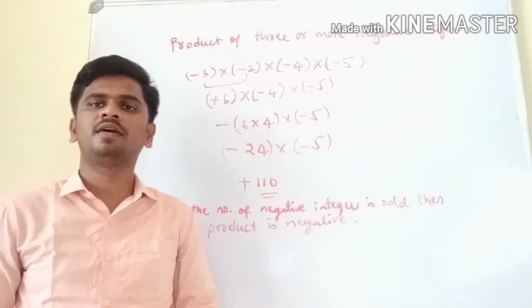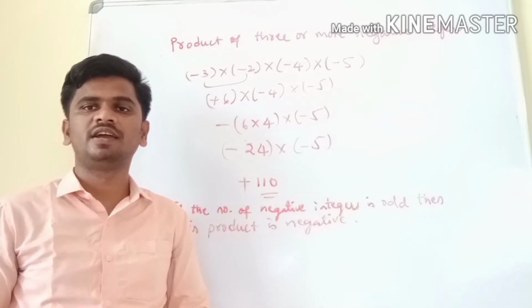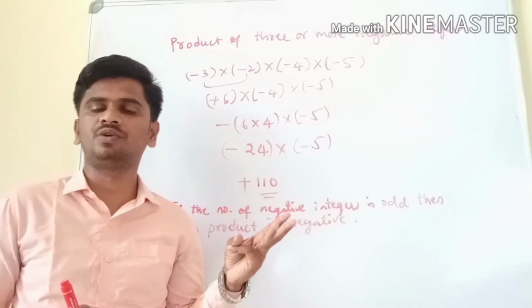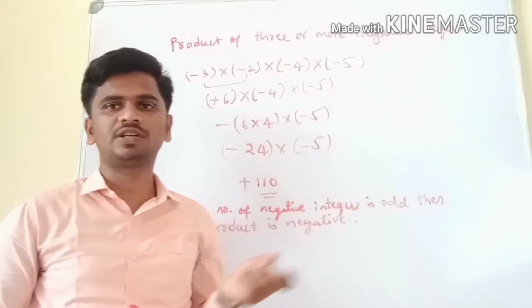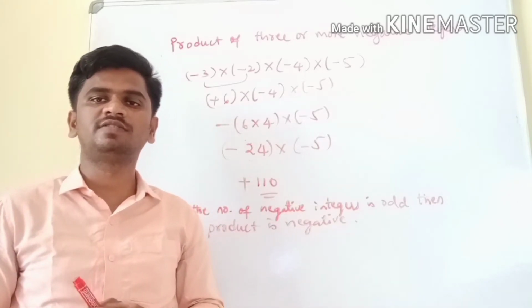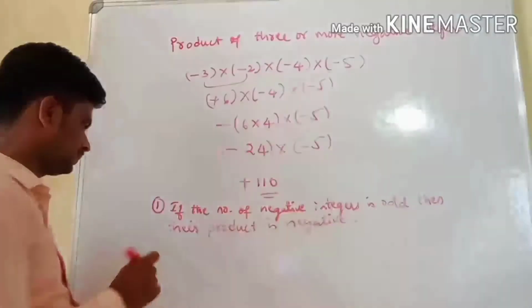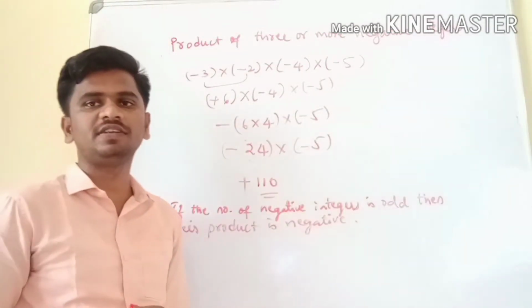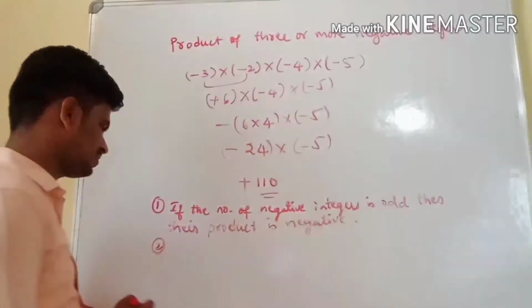Odd number means 1, 3, 5, 7 like that. If you consider 3 negative integers, their product is negative. If you consider 5 negative integers, also their product is negative. If you consider 7 negative integers, also their product is negative. Suppose if you consider an even number of negative integers, then you will obviously get a positive integer.